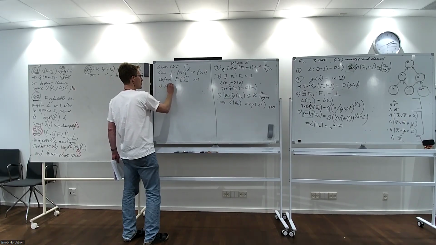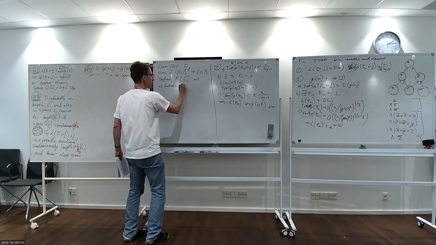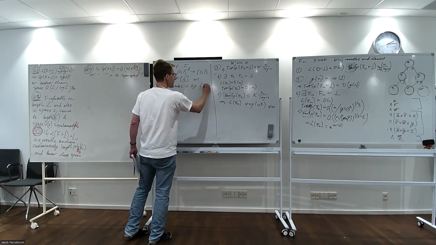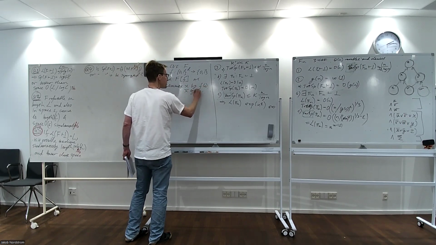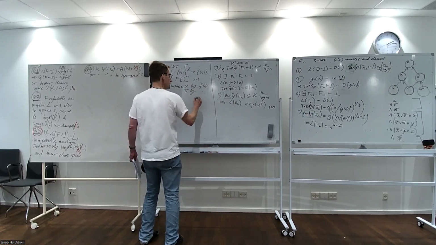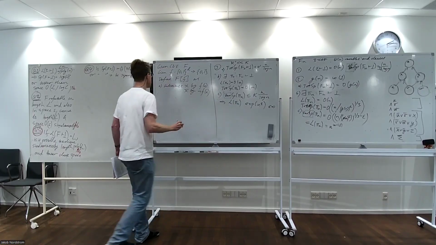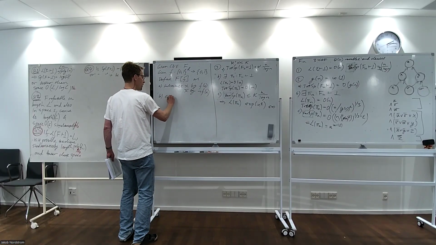We substitute every variable x by f of x. We substitute not x by not f of x. And then we expand out to CNF.